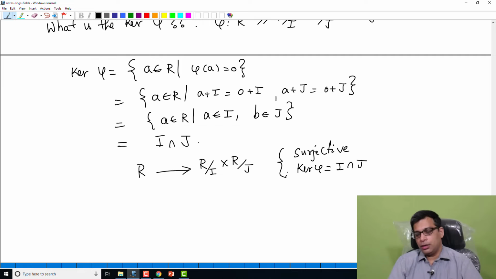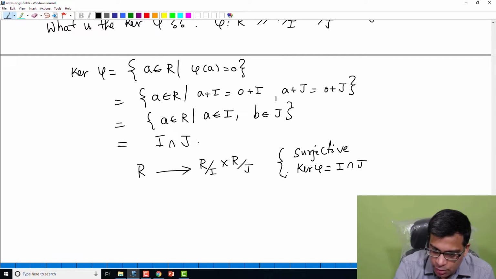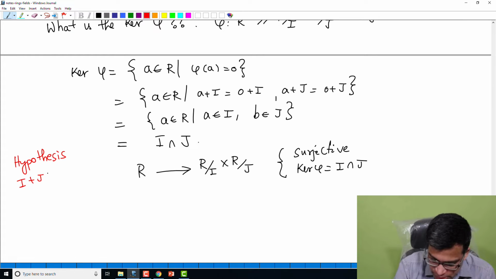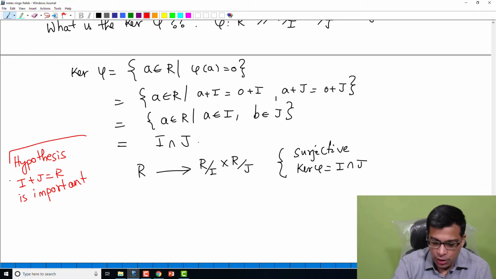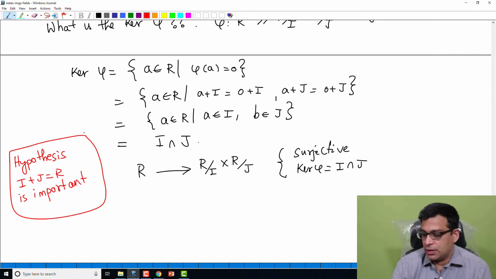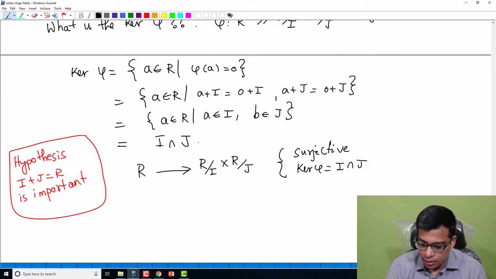And again I will reiterate that the crucial hypothesis I plus J is equal to R is important. And it is a good exercise for you to think of an example where I plus J will not be equal to R and this map is not surjective.